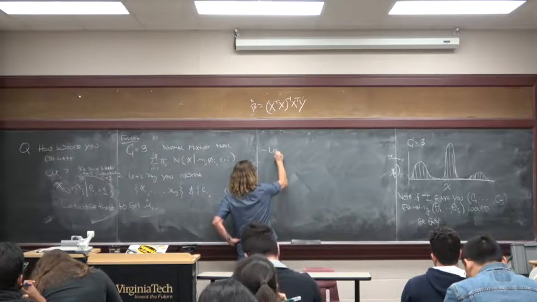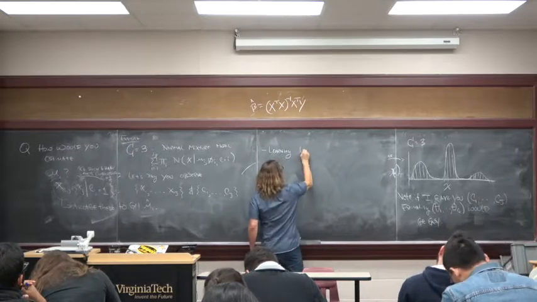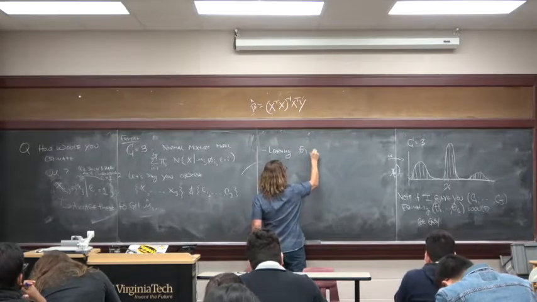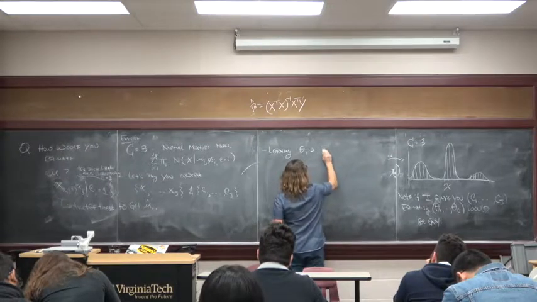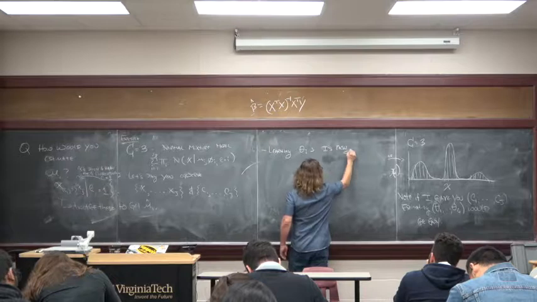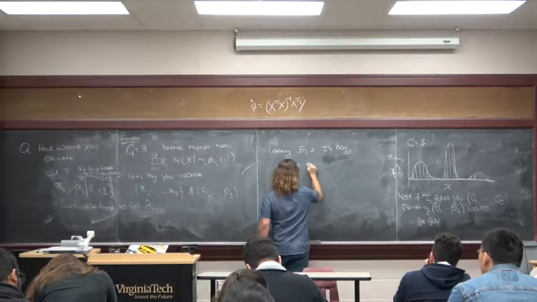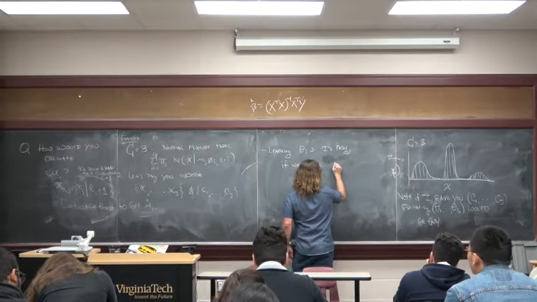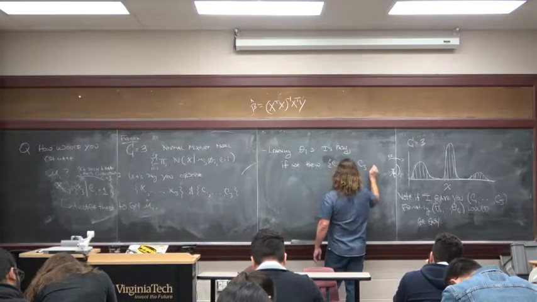Learning theta i's is easy if we knew C1 all the way to Cj, if we knew the labels.